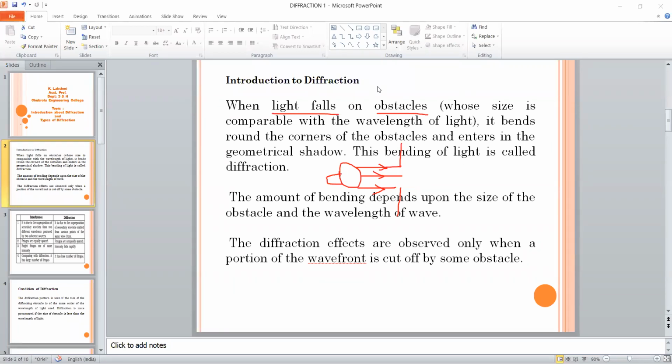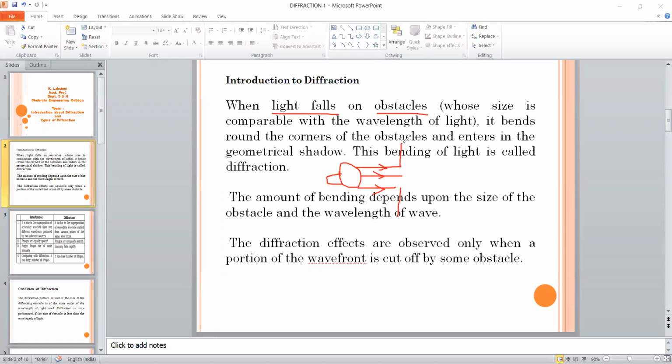Once again, I explain that. This is the light, for example a bulb. Now these are the light rays emitted. Now in the path of light rays, if there is any door or window or any object, this object acts as an obstacle for the light rays.